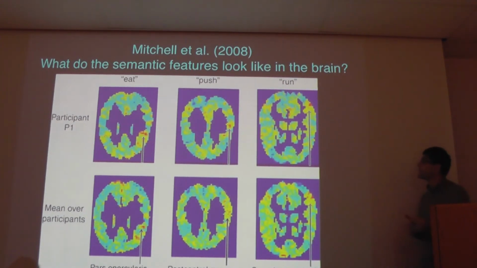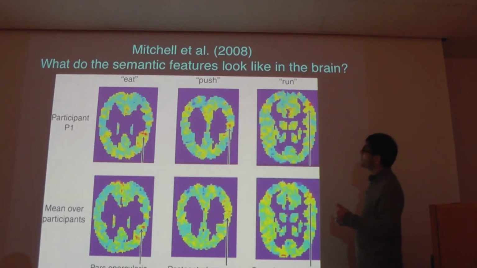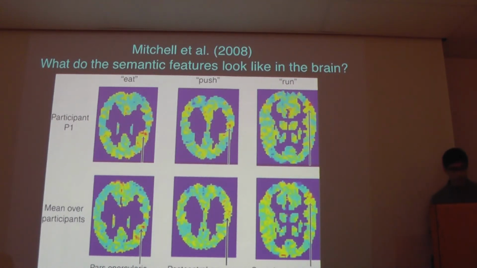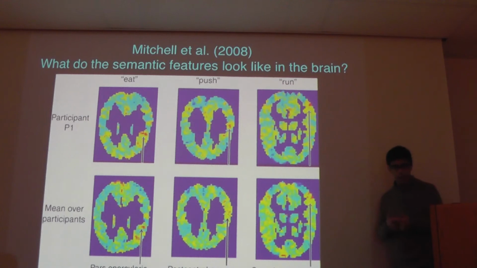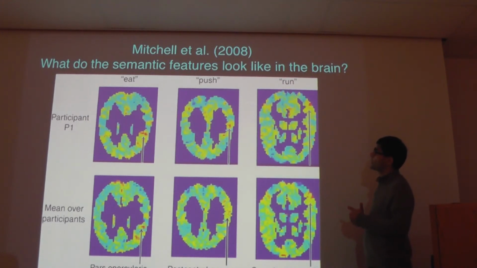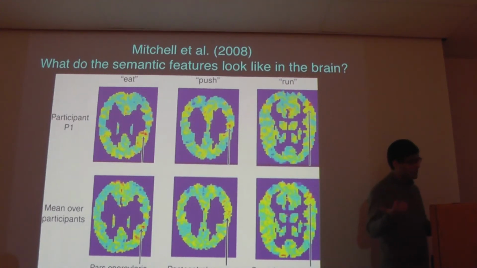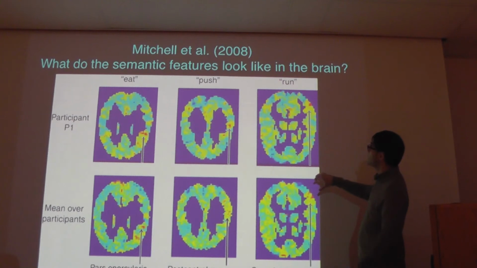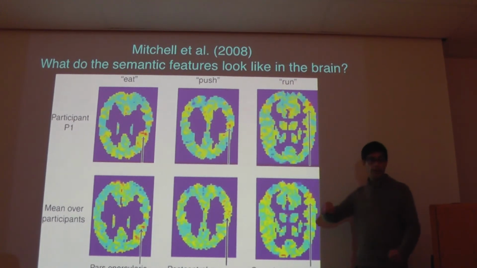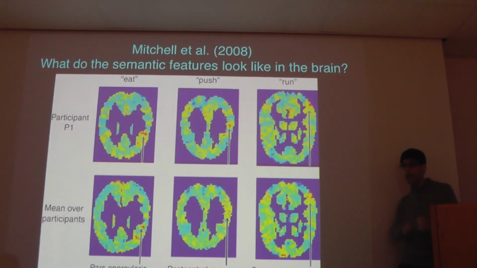So what we're going to talk about on Thursday, and this was the other reading, the Pulvermuller paper, the Trends in Cognitive Science paper, is this big question of, where does this relationship between meaning and the world come from? Well, that's a huge question. But for very, very specific concrete things like running or eating or pushing, you can say, oh, well, they're related to how you use your body.